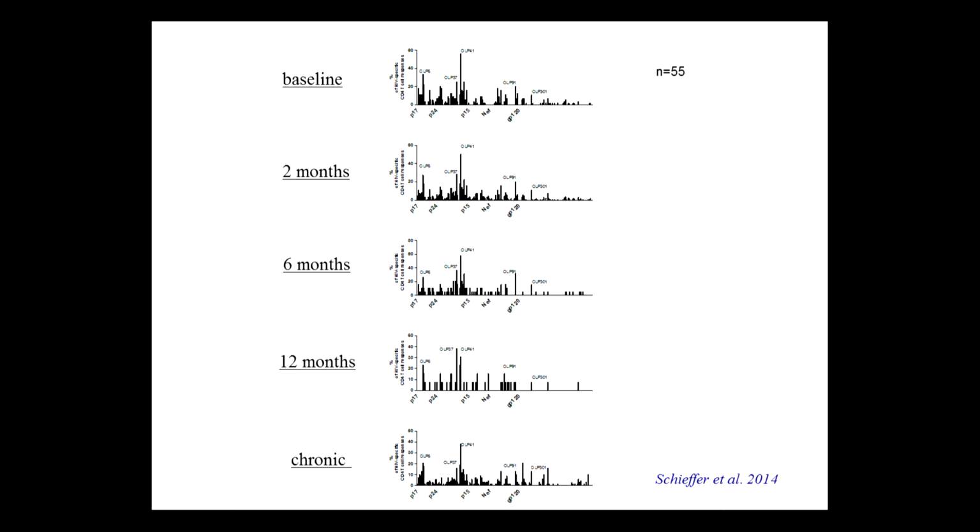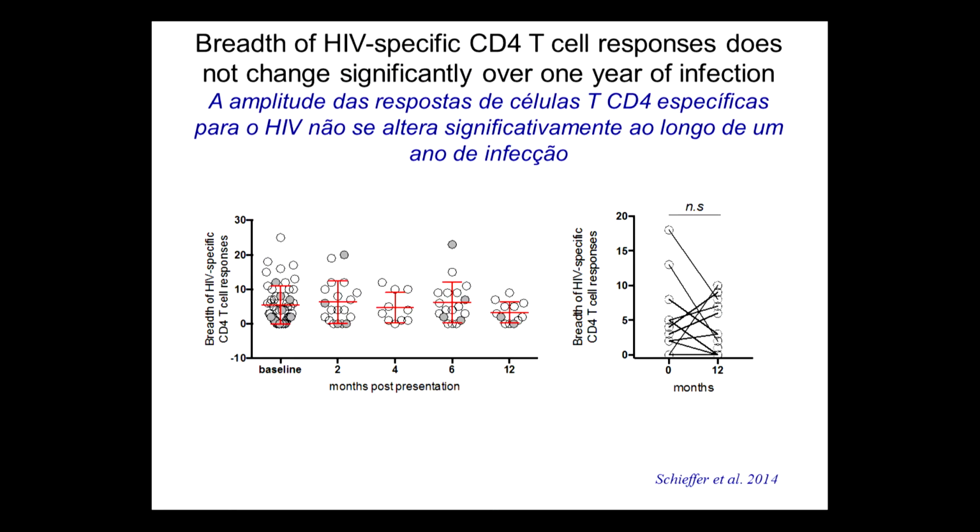Indeed, when we look at the breadth, so how many CD4 T cell responses are being targeted in an individual, we see that over 1 year, there's no significant change in the number of CD4 T cell responses an individual has. Here in the matched pair analysis, this is not significant from baseline to 12 months, but you can appreciate that there's maybe a slight decrease over time.